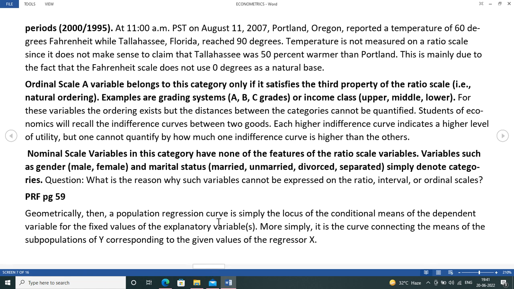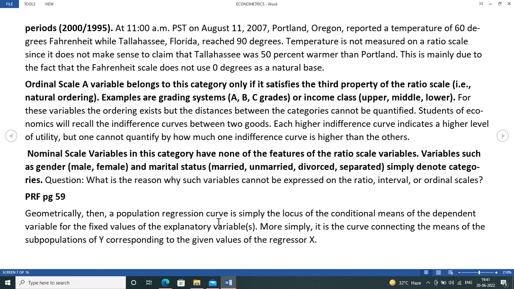The basic essence of regression comes with fixing the explanatory variable. For example, if you consider income as the explanatory variable for consumption, you will fix that income, then consider the mean at that income level, and draw a line passing through different income levels.